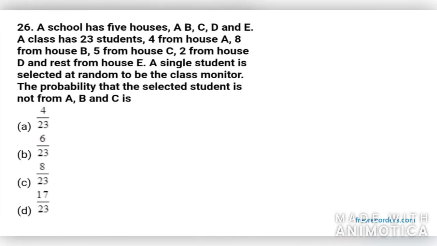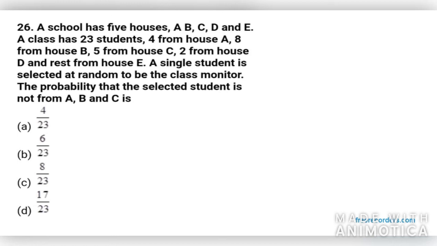Now the next one. A school has 5 houses, A, B, C, D and E. A class has 23 students.